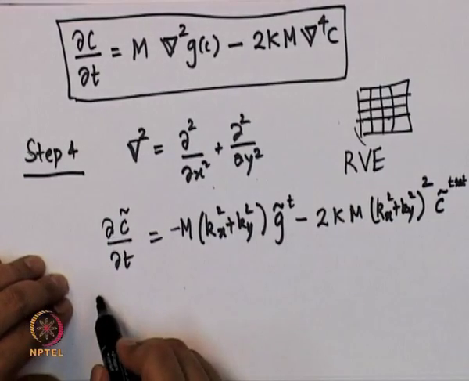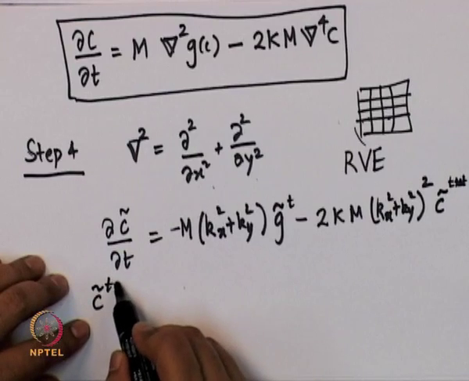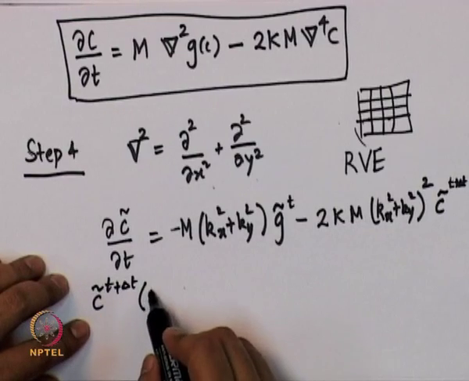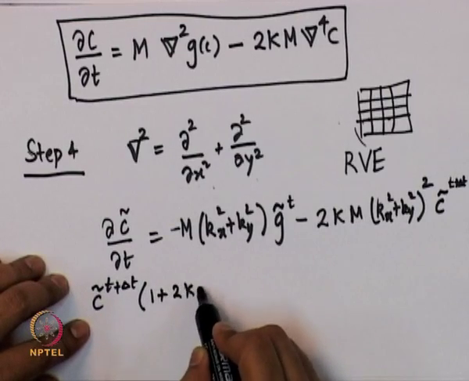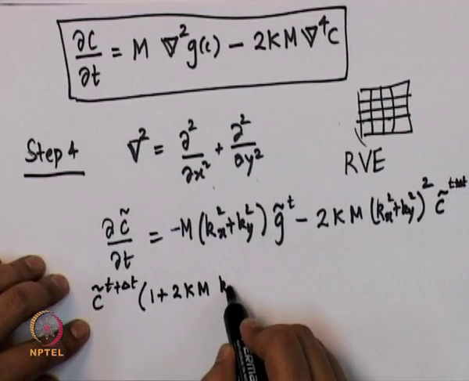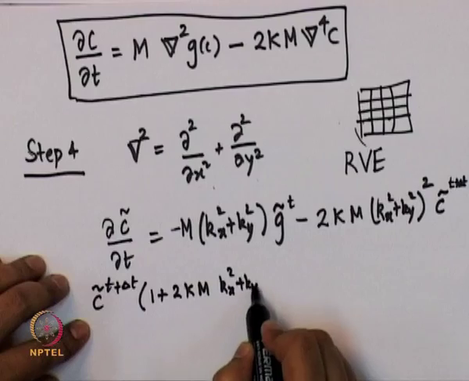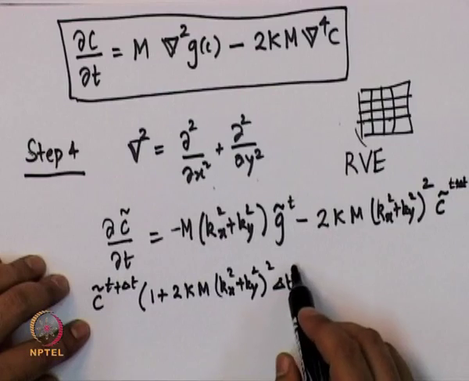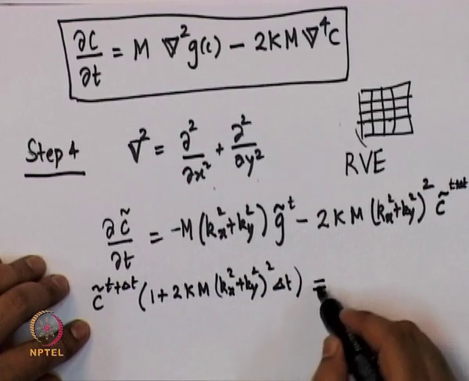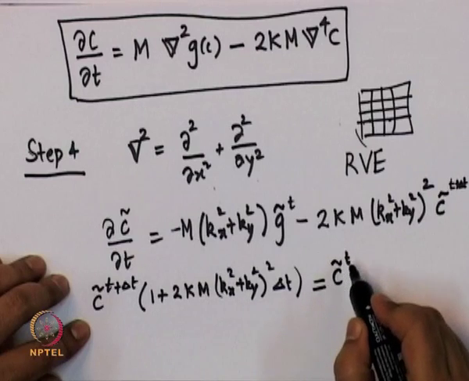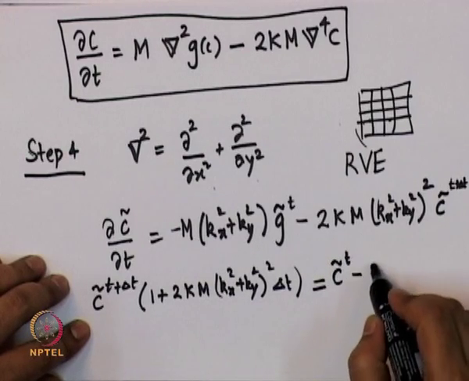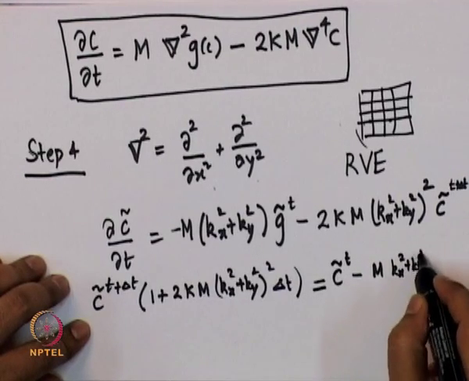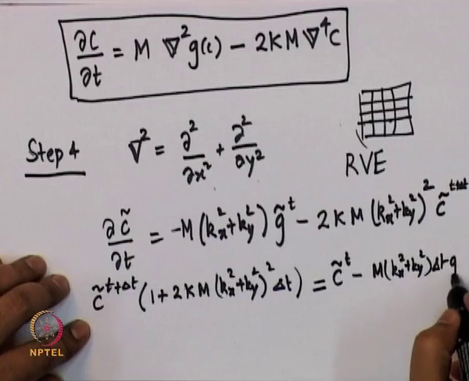Then C̃ at time t plus delta t: this quantity is going to come as 1 plus 2 kappa m (kx squared plus ky squared) whole squared multiplying delta t, equal to C̃ at time t minus m (kx squared plus ky squared) delta t g̃.